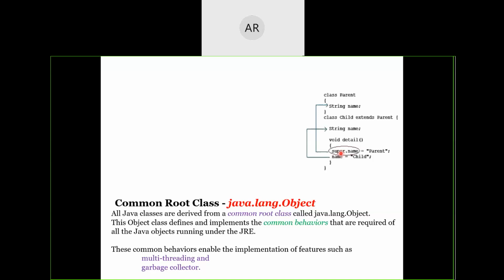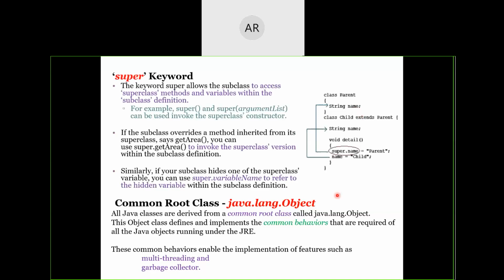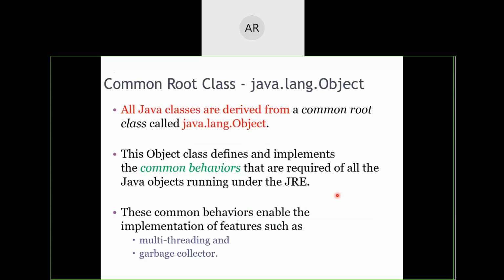So this super keyword will hide the local variable over here and it will try to assign the value to the parent class. Is it fine? Clear for everyone?